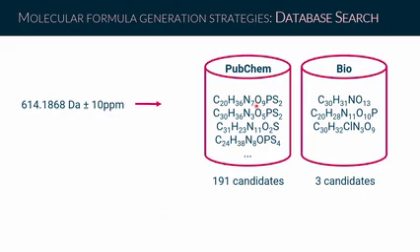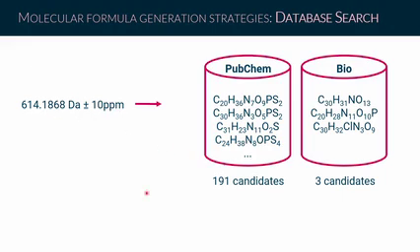Then there is a second formula generation strategy, which is database search. Database search basically says, let's look into a structure database of your choice. It can be PubChem, or the set of all biological databases SIRIUS comes with, and just look up which formulas fit the mass plus deviation.